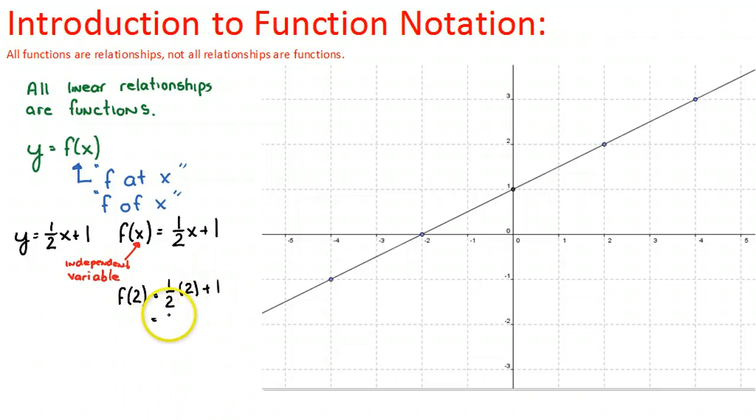So that gives me 1 plus 1, which equals 2. So what this means is that at x equals 2, y is equal to 2. And so we can say this, that's how we would have said it before, but what we can write now is we can say f at 2 equals 2. And so if we look at the graph here, we see that this would be the point 2, 2.